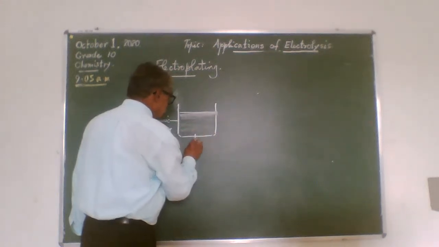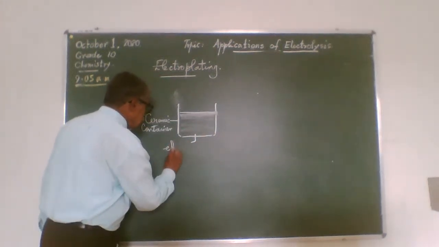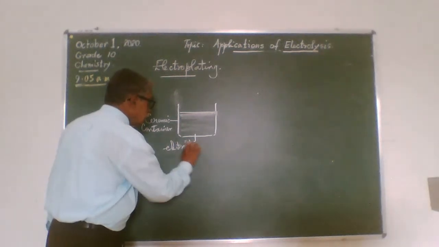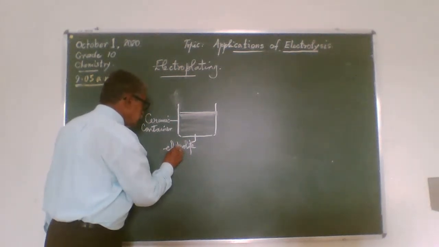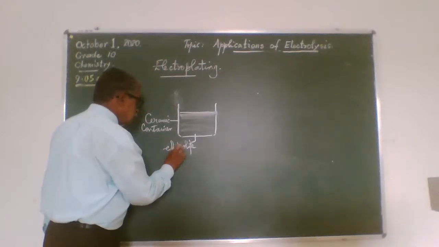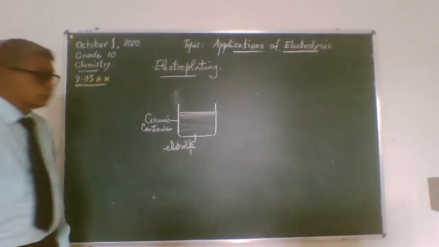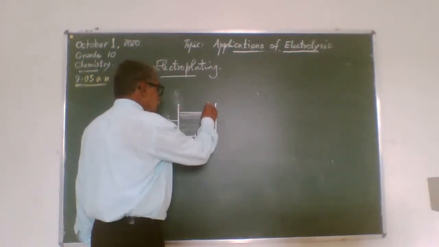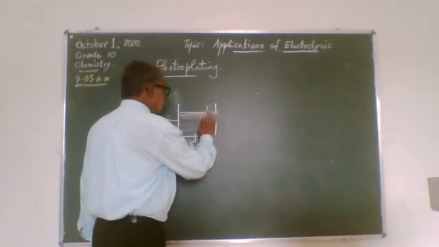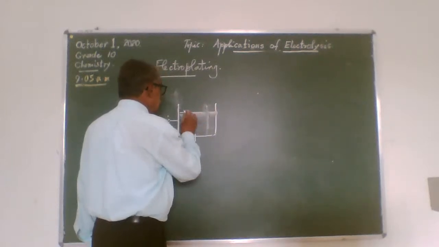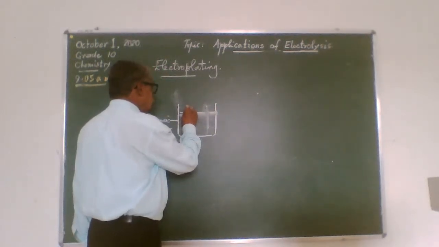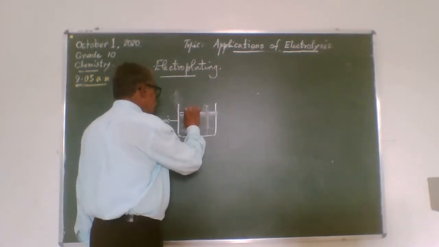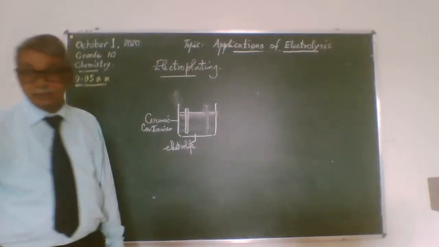Here is the electrolyte. Now there is a cathode and an anode. The anode is made of a plate of the metal which should be plated.